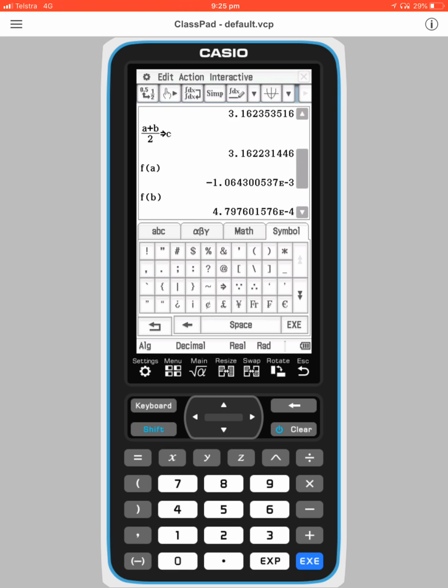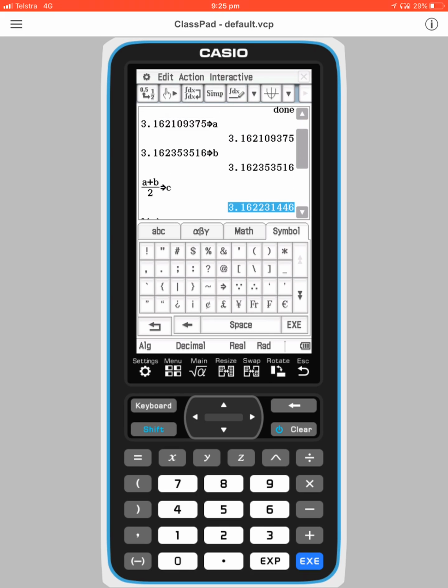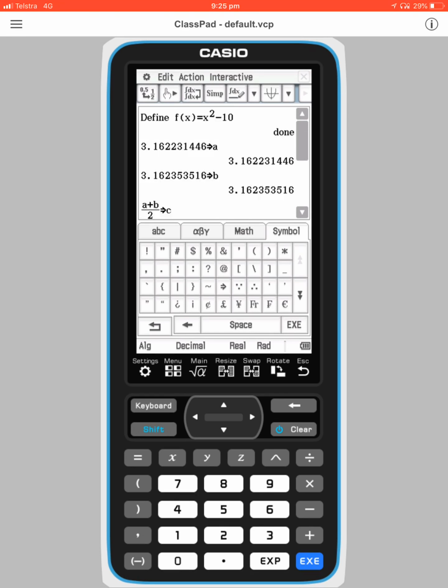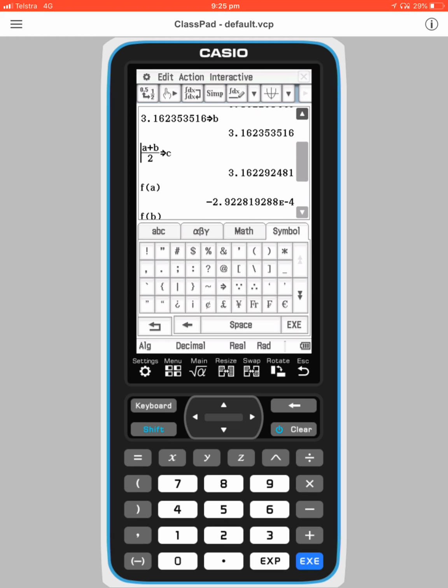This time it's negative, so I replace A. It's a really small number, but it's a really small positive number.